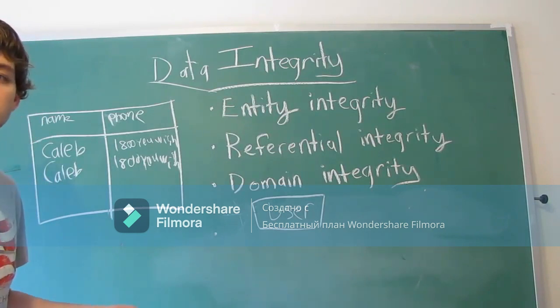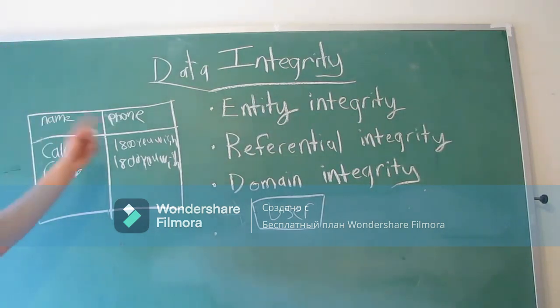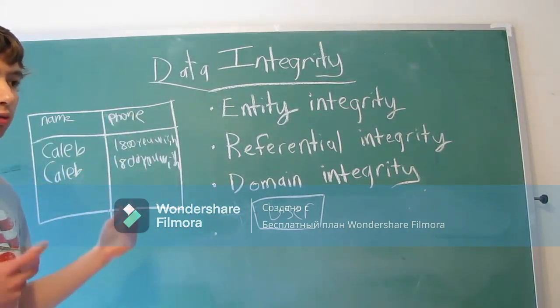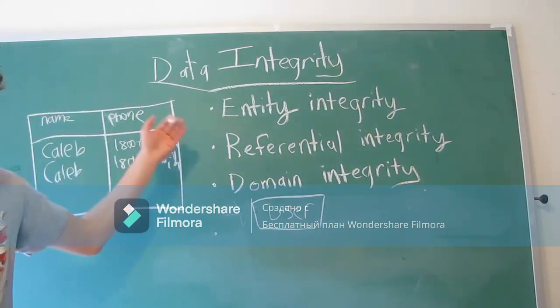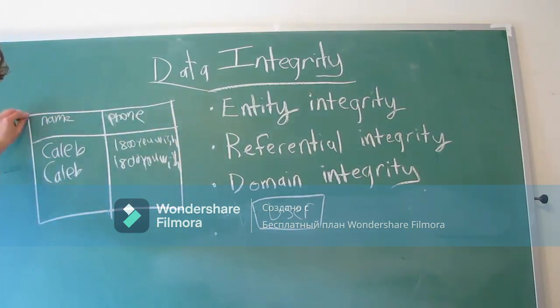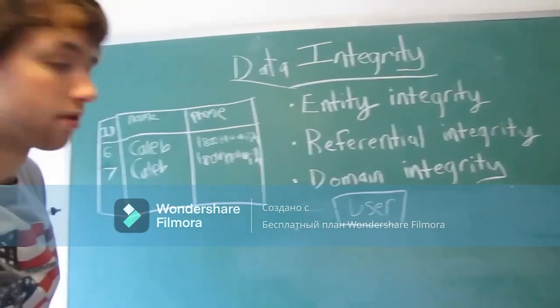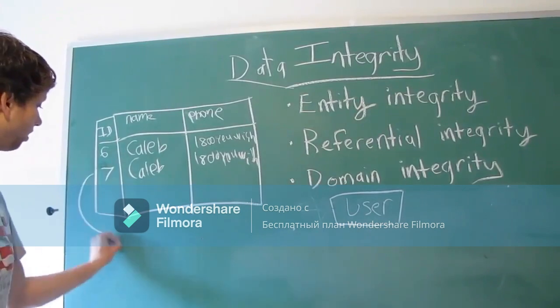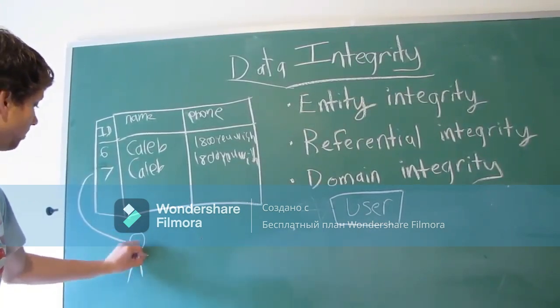So a way to solve this is to either add more columns so that the row would be unique, such as a social security number, or we could add an ID column, and this would be like 6 and 7. So now we're talking about two separate entities. This is talking about this guy because his ID is 7.